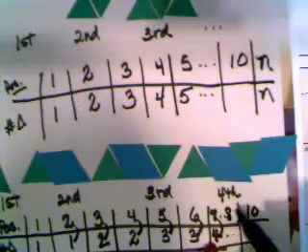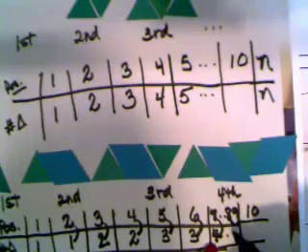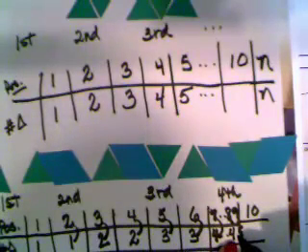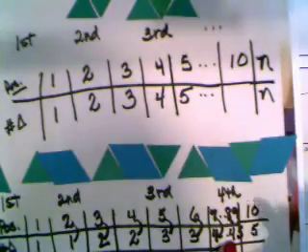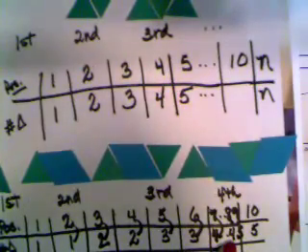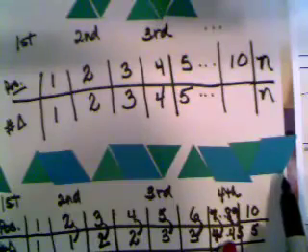For 8 and 9, it would be 4. And for 10, it would be 5. So there would be 5 triangles, and we know that it's going to end in a parallelogram.